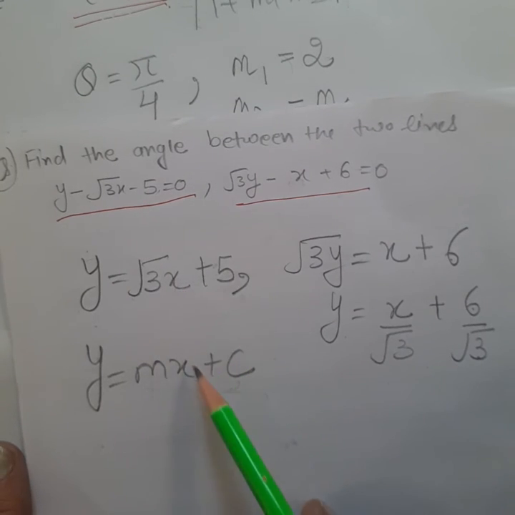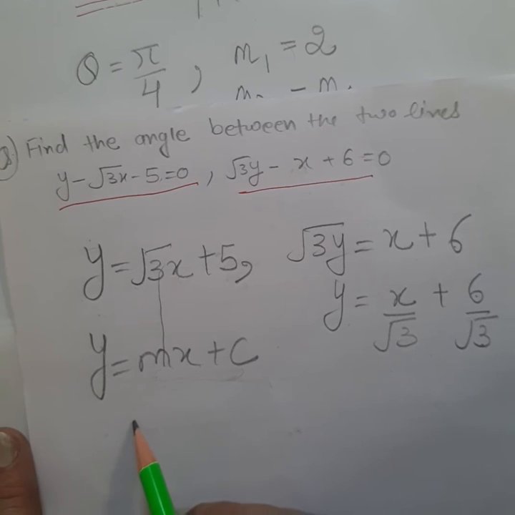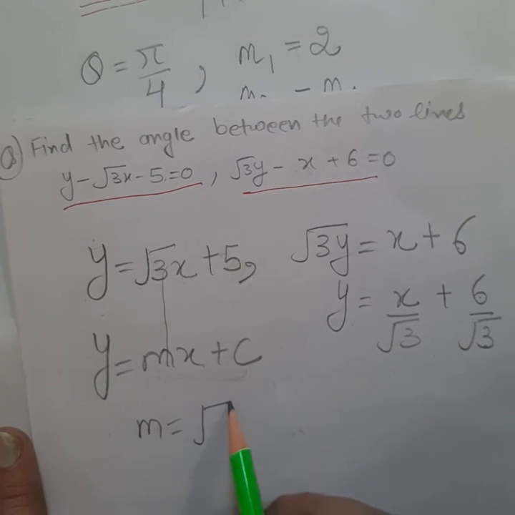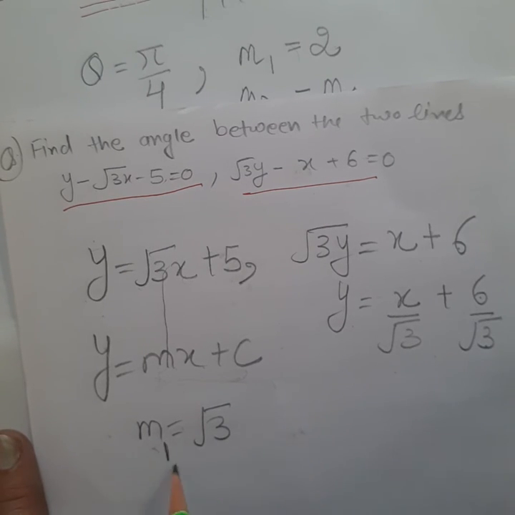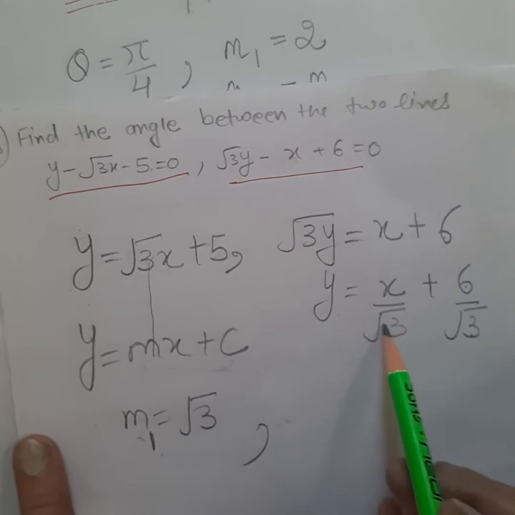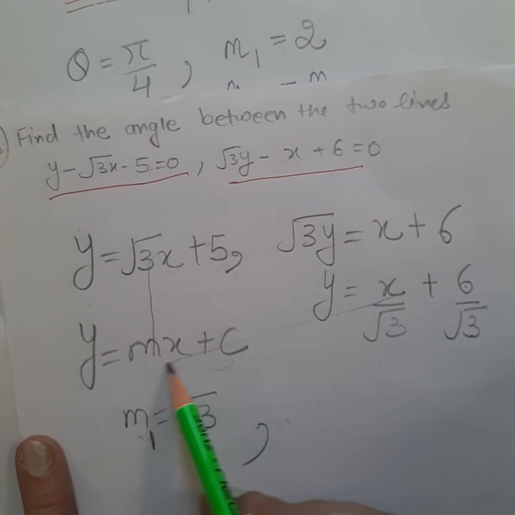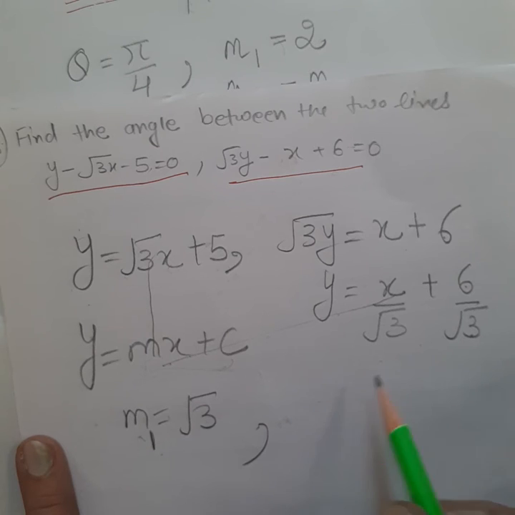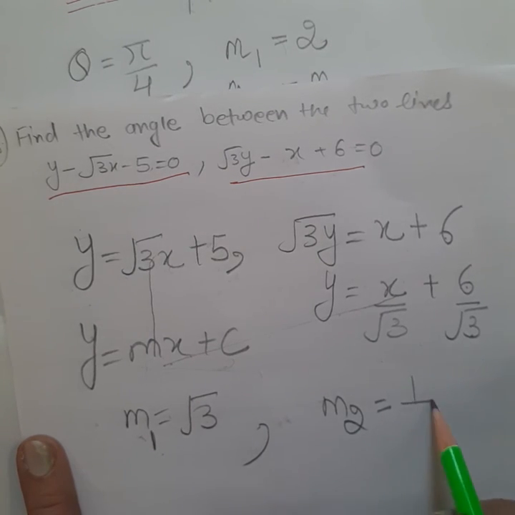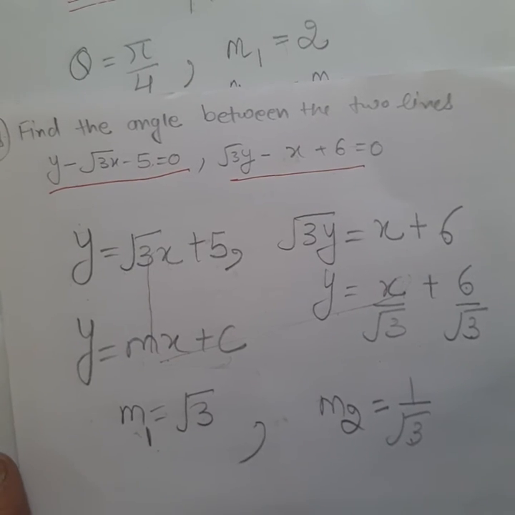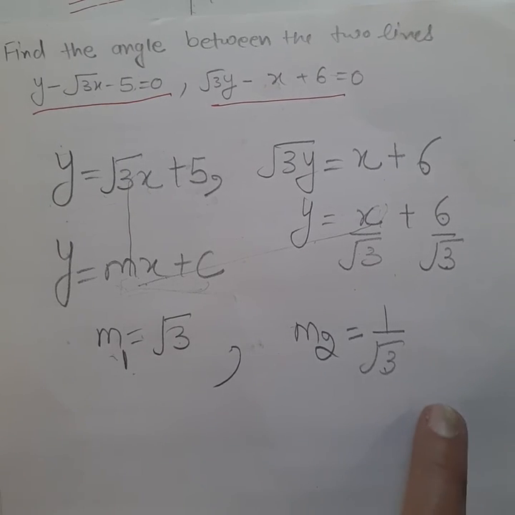If we compare, we get the value of m equal to root 3. In this way you get the first slope of your line, which you can name m1 to differentiate between the two slopes. For the second line, in the same way, the coefficient of x is the second slope, which is 1 by root 3. So we get our two slopes.